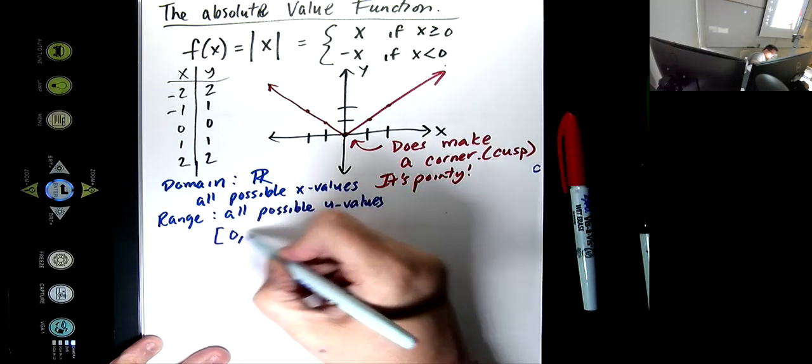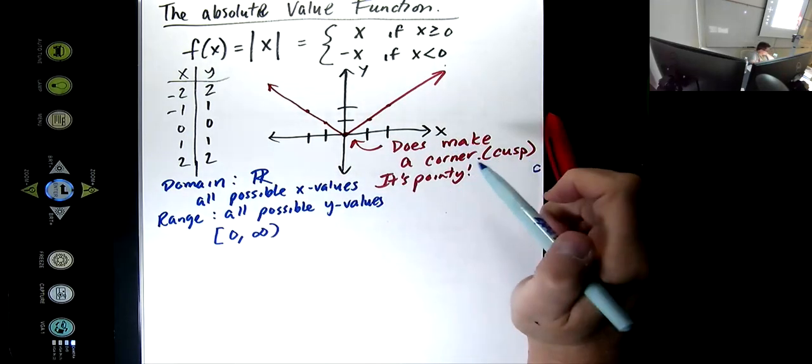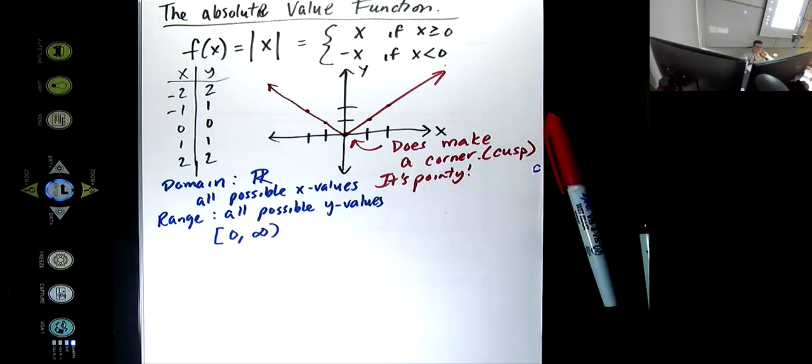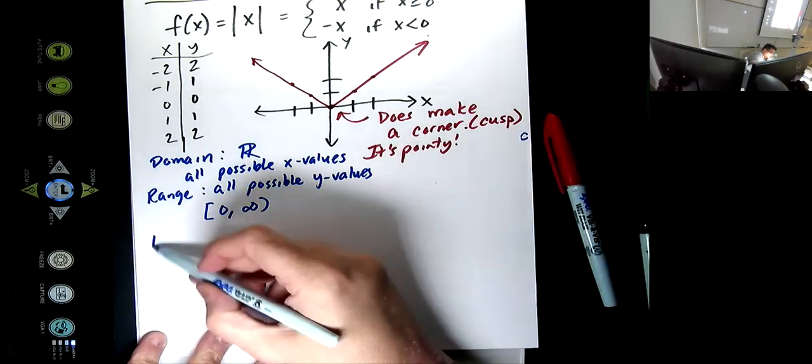The output is all positive, so it's 0 to infinity. It is decreasing from negative infinity to 0.